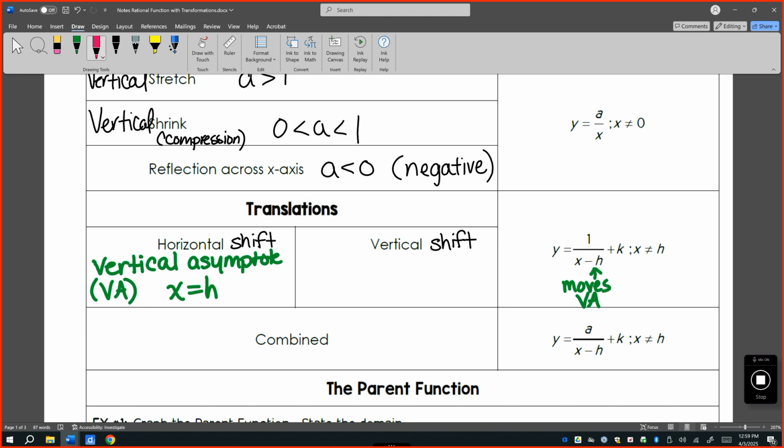All right. Now, if I'm talking about a vertical shift, and I think, well, what kinds of lines move vertically? Horizontal lines move vertically, right? So vertical shift, that affects your horizontal asymptote, and I'm changing my color now.